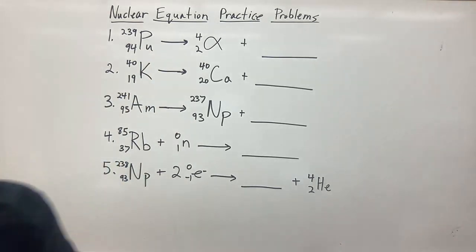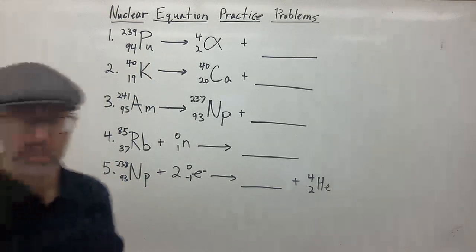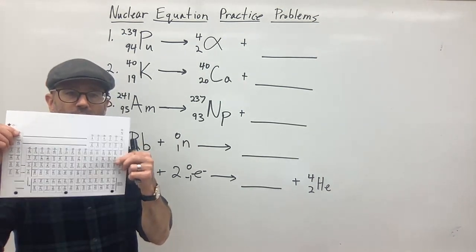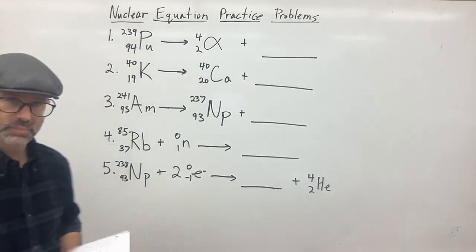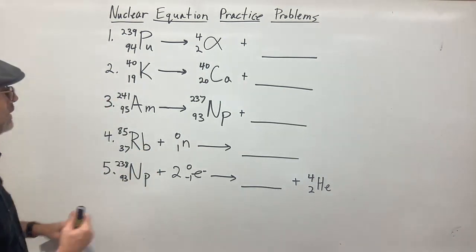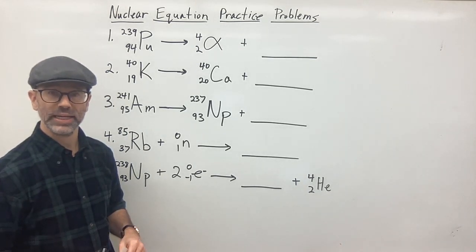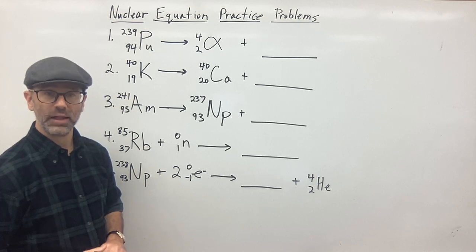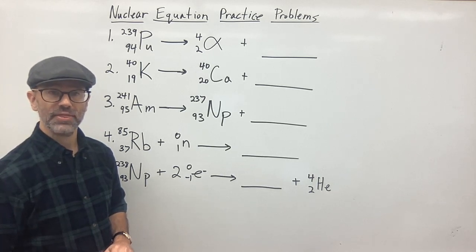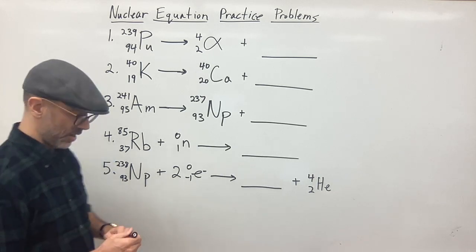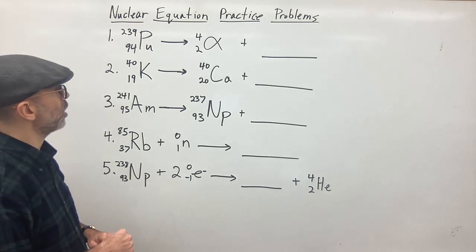So you're going to need to use your periodic table for this, so you have a periodic table so you can follow along with me. So basically we're just adding and subtracting, and we're figuring out what we need to balance the numbers of the missing element or particle.